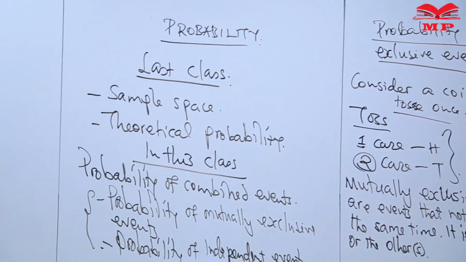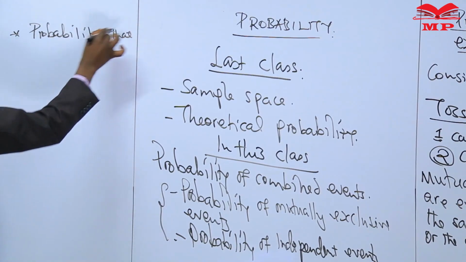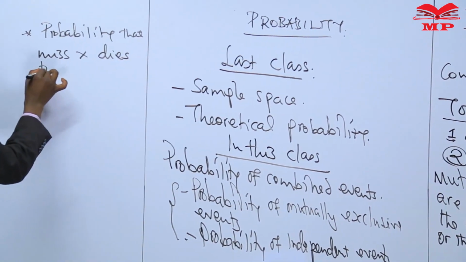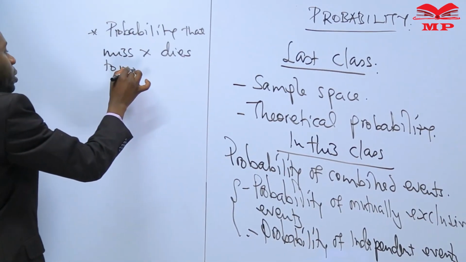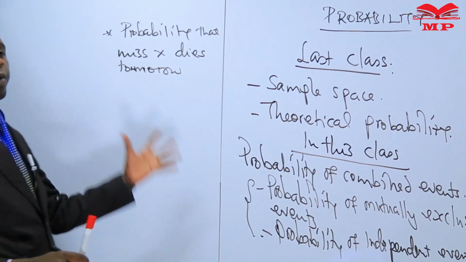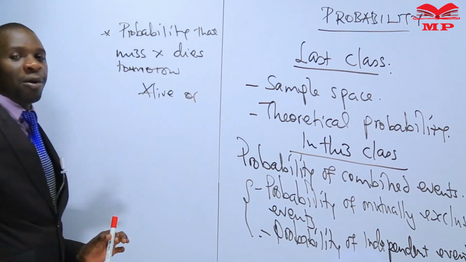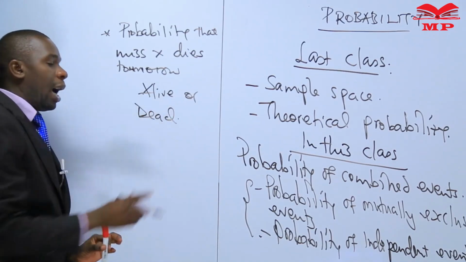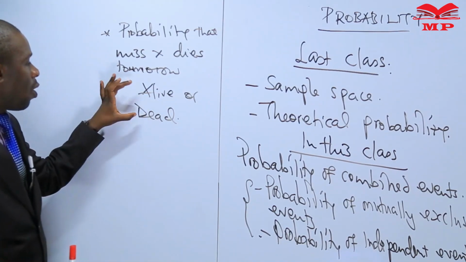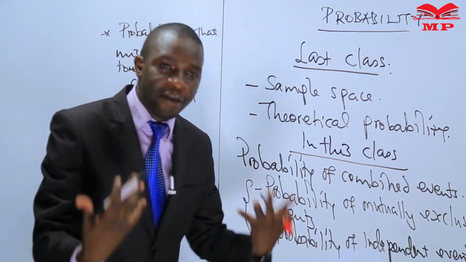Let us look at another case: the probability that Miss X dies tomorrow. When you look at this, there are only two things. Either Miss X will be alive or Miss X will be dead. We cannot have Miss X being alive and dead at the same time. So this is another example of a mutually exclusive event.